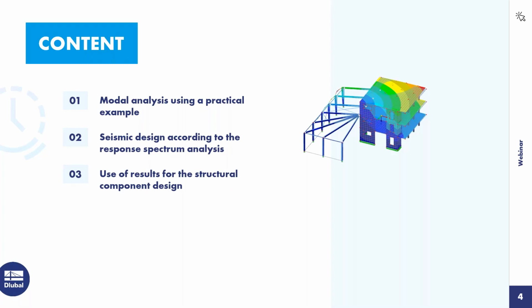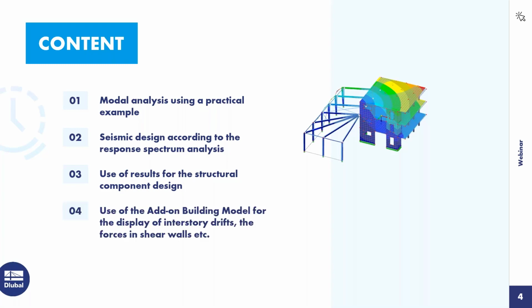Then he will show how you can use the results for the structural component design, and he will apply the add-on Building Model, for example, the shear walls and the forces in shear walls. Okay, then I hand over the screen to Stefan and he can start with the live presentation.